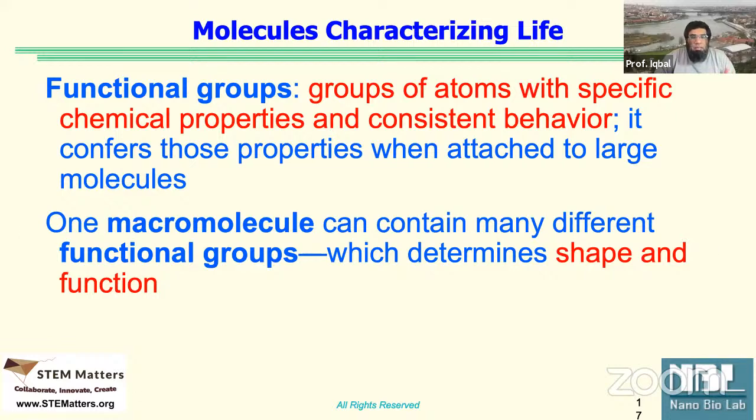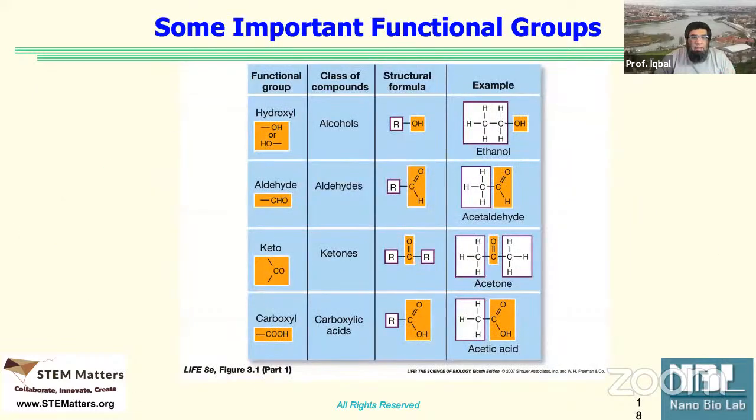So what are some functional groups? And you will see these are nothing but basic chemical groups, right? And they are small. Hydroxyl is OH, aldehyde is CHO, keto is CO, carboxyl is COOH. When they bind to a longer chain, they give that property.